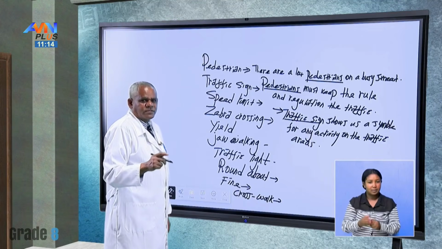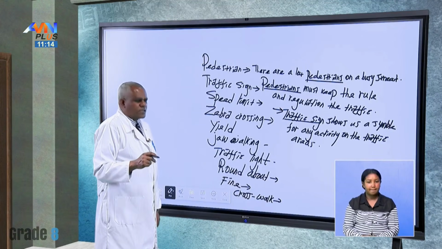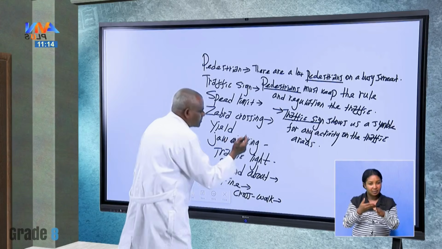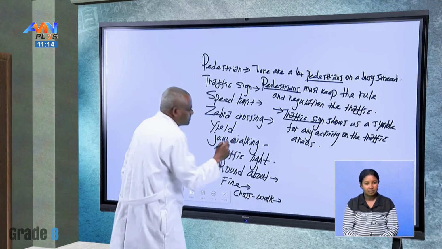The other one is a speed limit. Let me give you one simple example about speed limit.